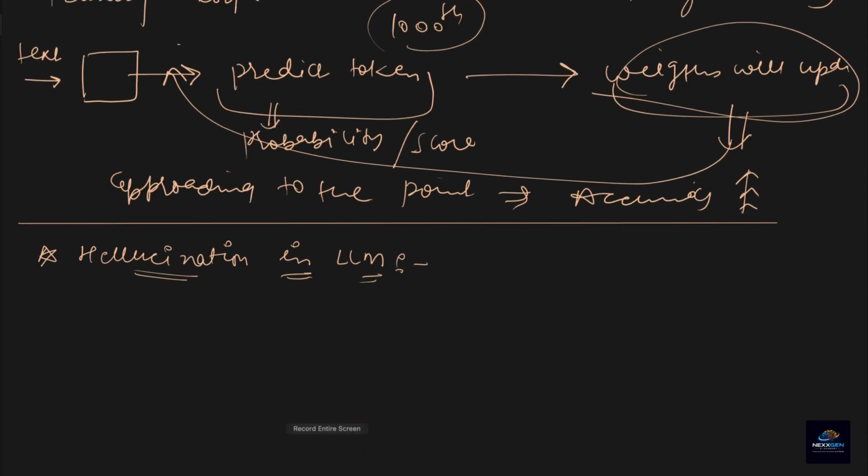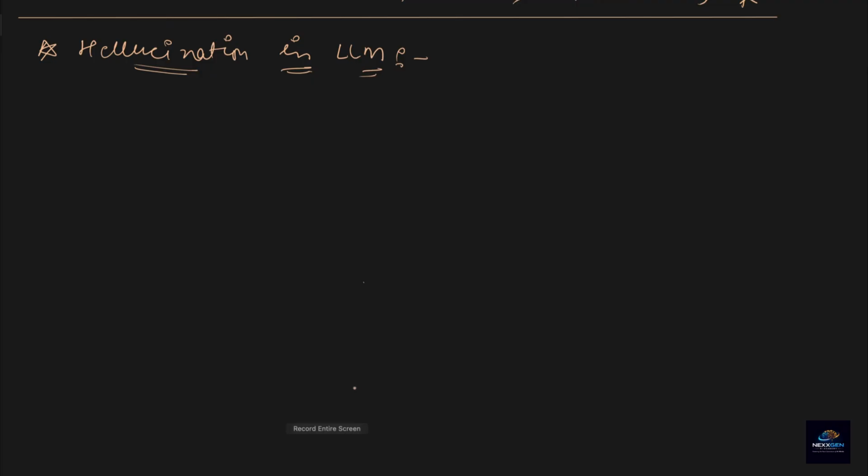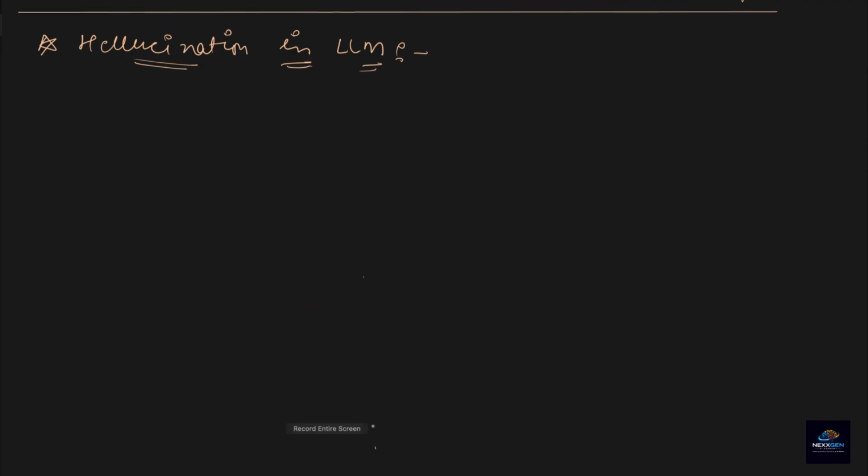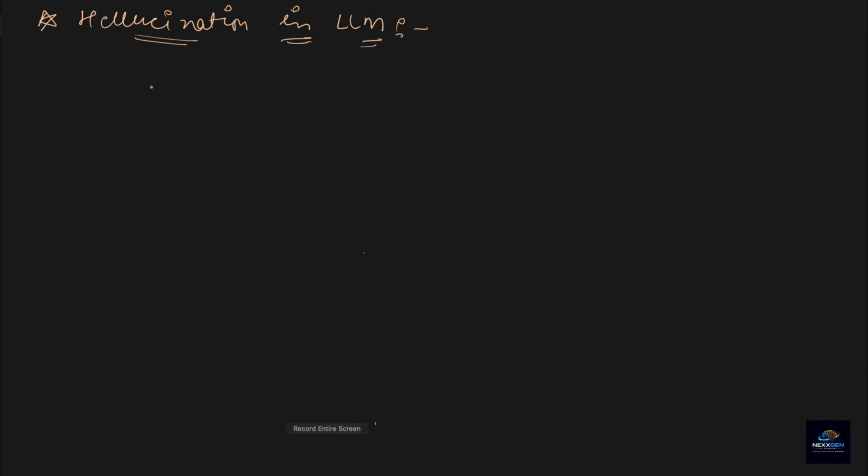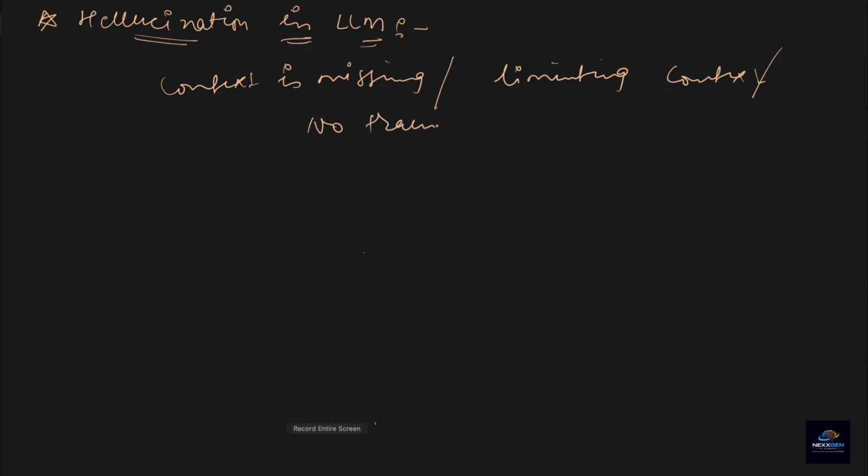So now let's talk about how large language models hallucinate even if trained on very large text data. Sometimes the context is missing, or there is limiting context, or no training happened.